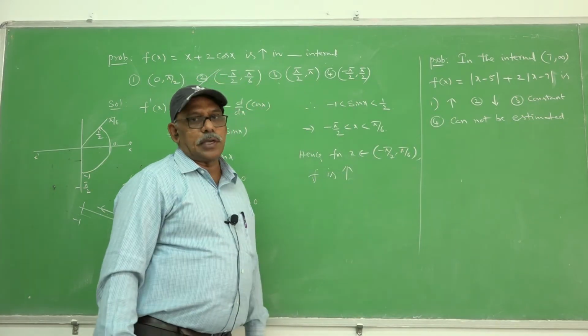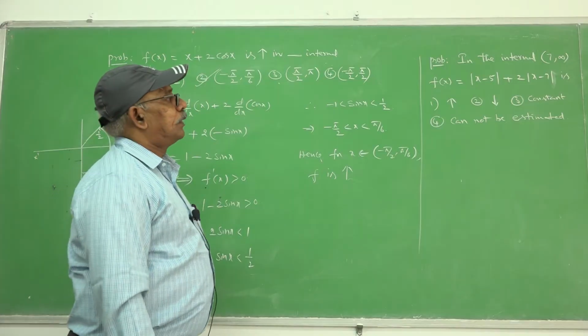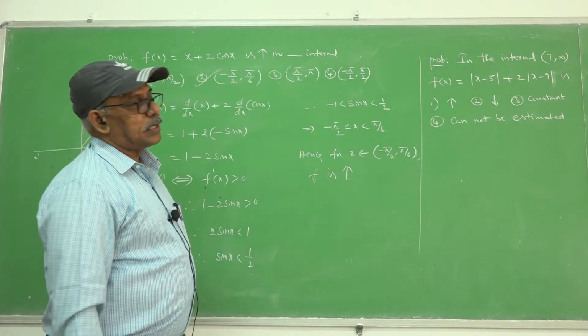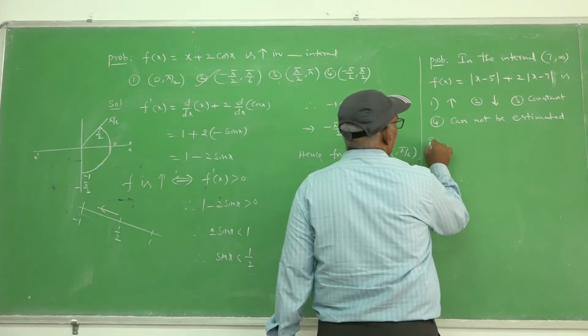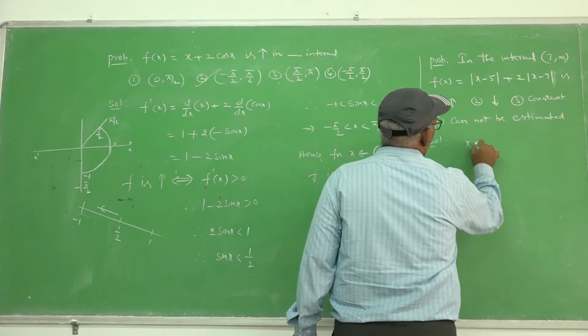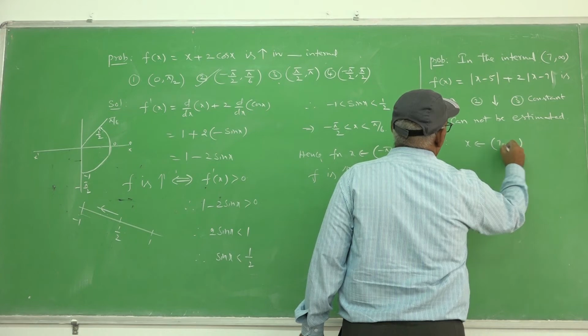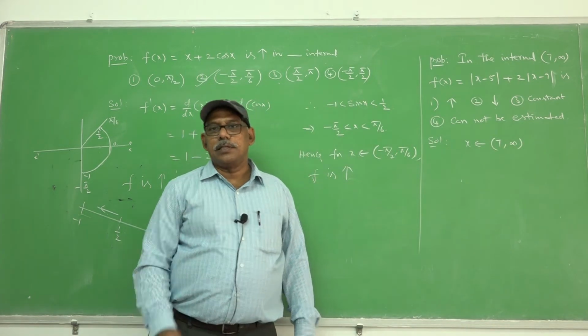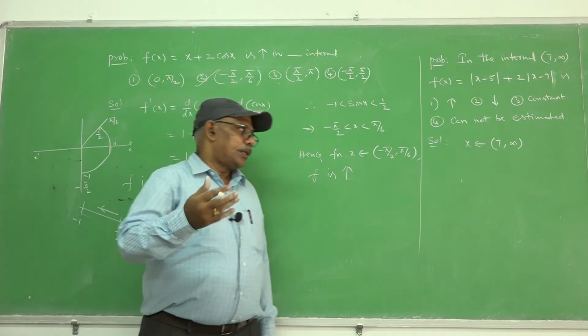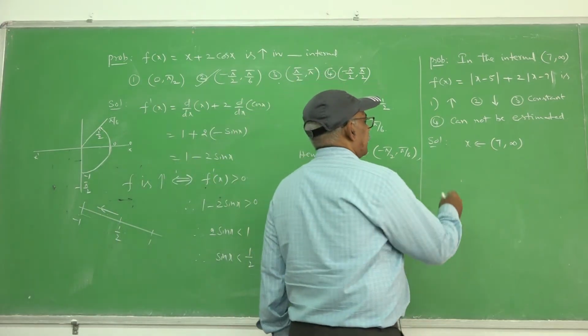In the interval 7 comma infinity, the given function is defined, with x belongs to 7 to infinity. The nature of the function is to be discussed in that interval. That means x is more than 7.